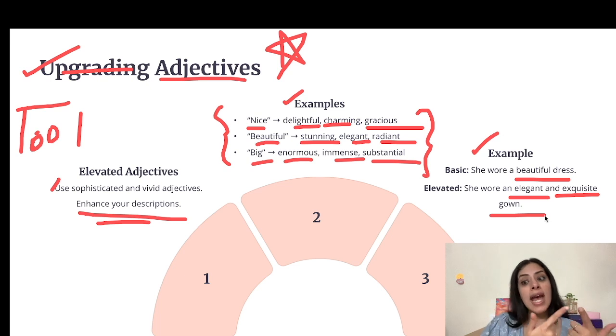But when you say an elegant and exquisite gown, it makes us think it must be expensive, it must be so stunning, or it must be royal. So that's the power of using the correct adjectives, and you must take advantage of this. Sometimes you just have to think how would this word make the examiner feel, and examiners love adjectives.